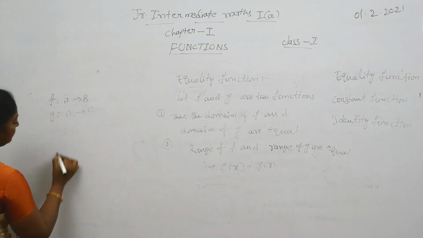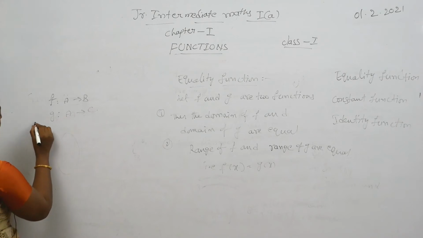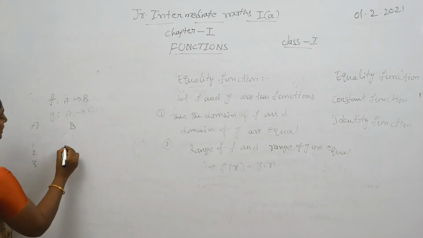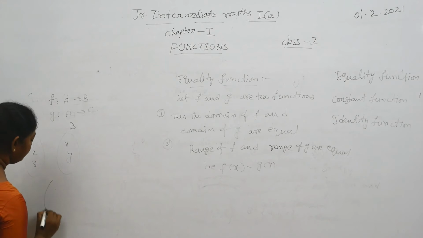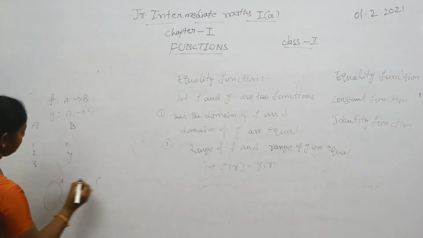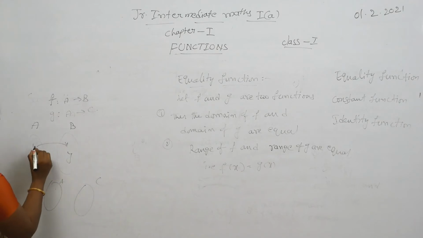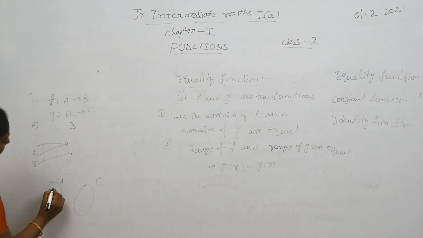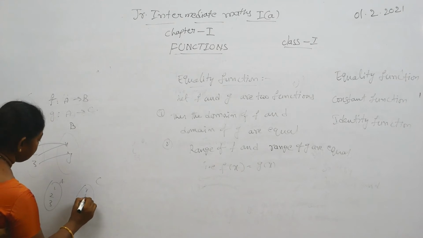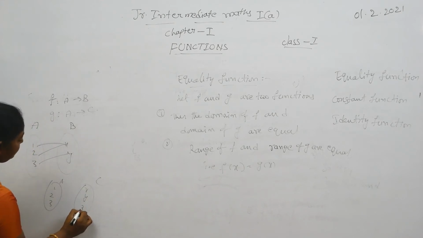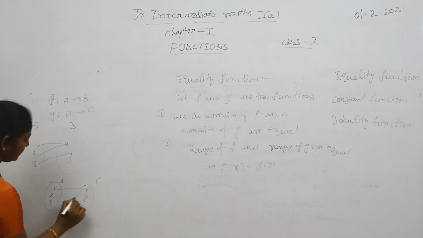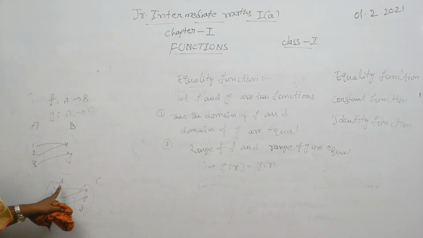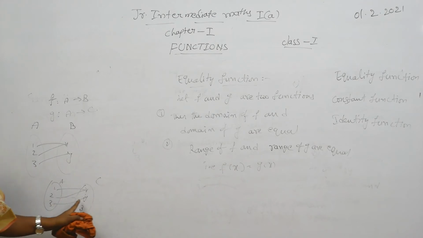Here 1, 2, 3 and x, y. 1 is mapped to x, 2 is related to x and 3 is related to y.